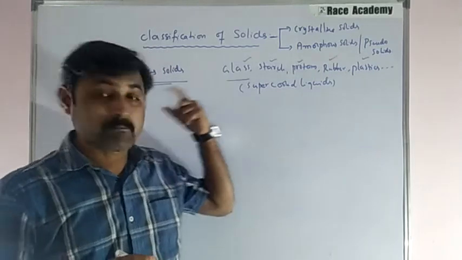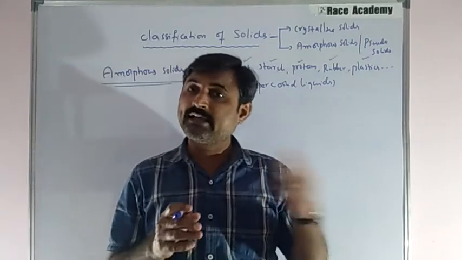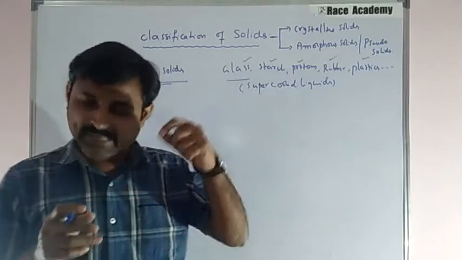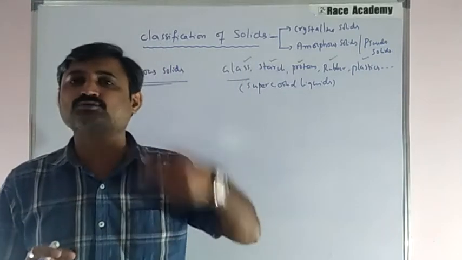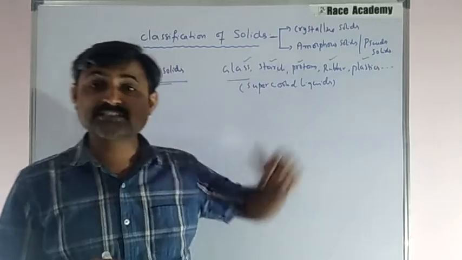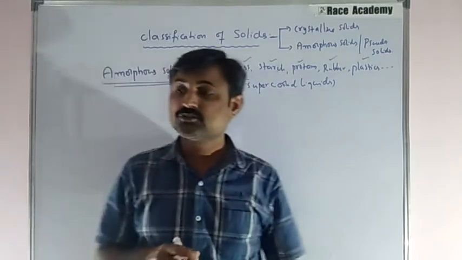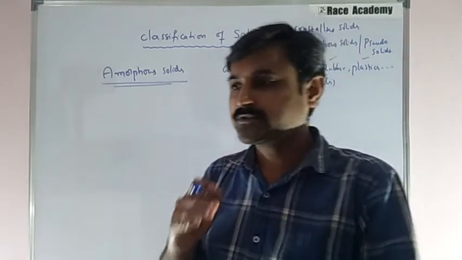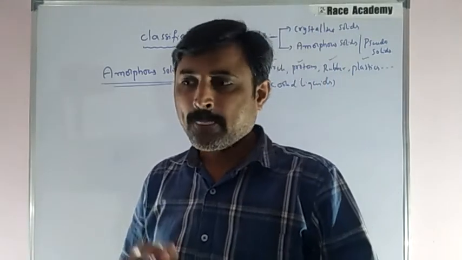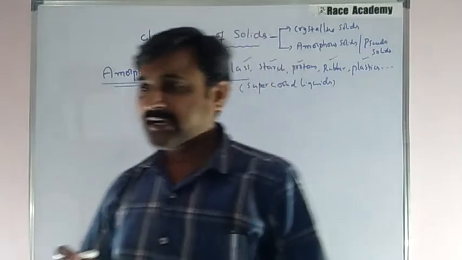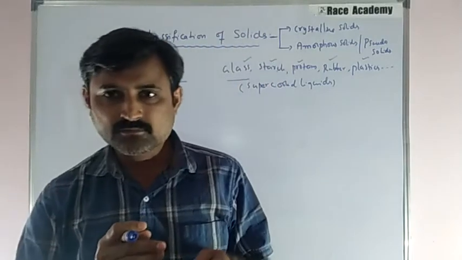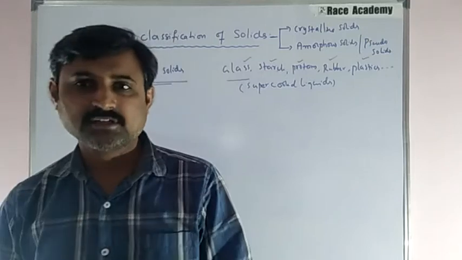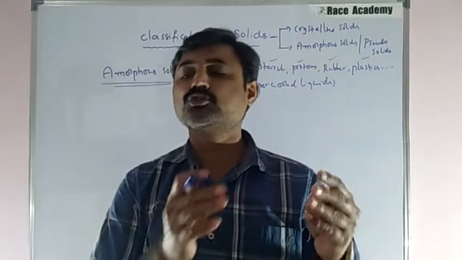So they don't exhibit any sharp melting point, and the process takes place over a wide range. These solids gradually soften, and that is why they are not said to be perfect solids. They are said to be pseudo solids.